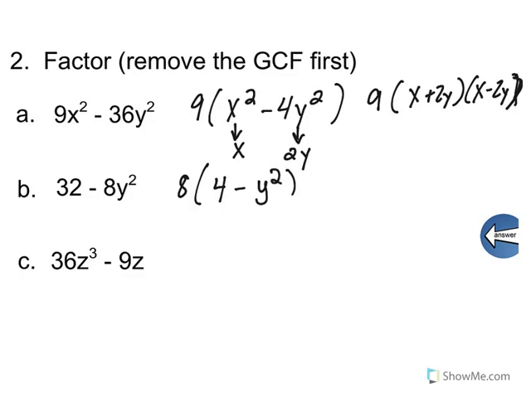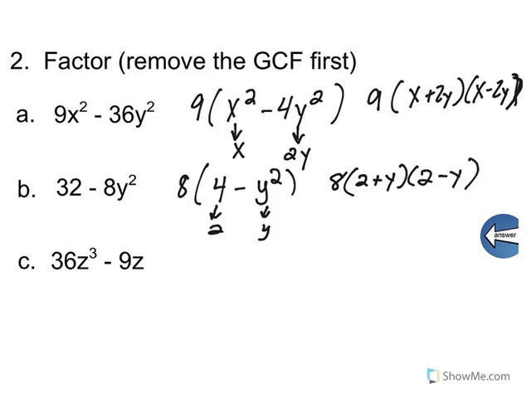Again, this is helpful because before we didn't see a difference of squares, because 32 is not a perfect square and 8 is not a perfect square. But when I factor out the GCF, I can see that we have a difference of squares now. The square root of 4 is 2. The square root of the second term is y. And so again, one of my factors has to be 8, and then the other factors will be 2 plus y and 2 minus y.